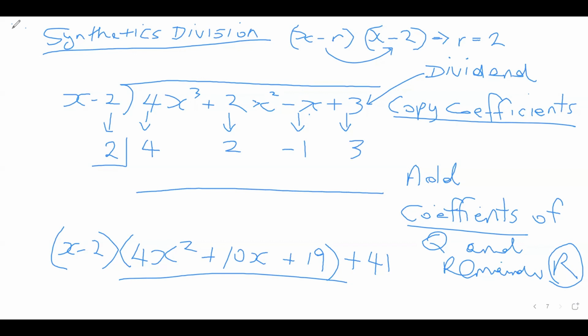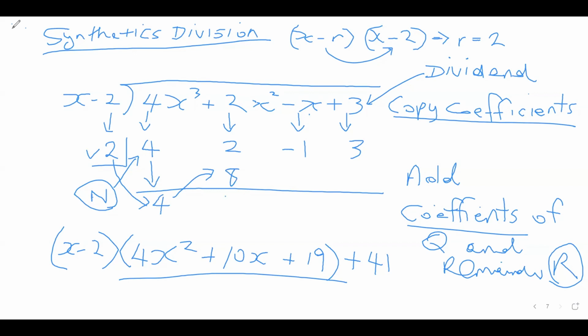So the first thing, because 4 does not have anything prior, there's nothing before the 4. So the 4 will just be carried down as it is. So that's what we do here. Then we're going to take the multiplier 2, multiply it by 4, and that's equal to 8.